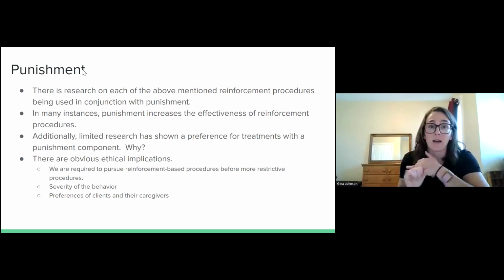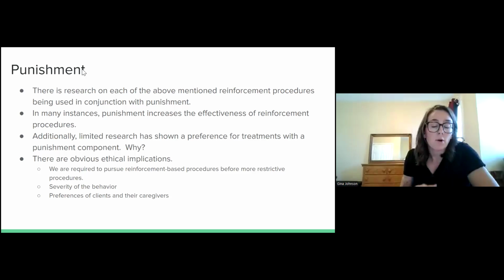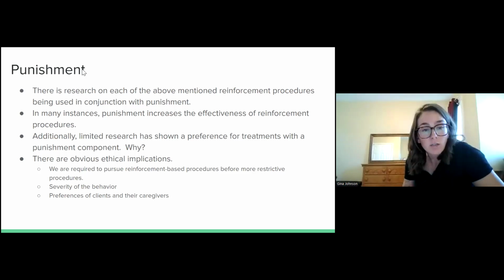That's a discussion you would have with your treatment team, with your client and their caregivers. It's a process, but that's a consideration. And then again, the preferences of clients and their caregivers. So keep those things in mind as we talk through these things.